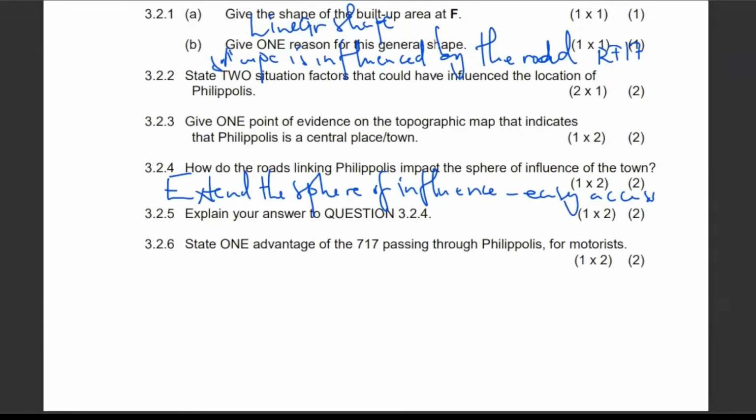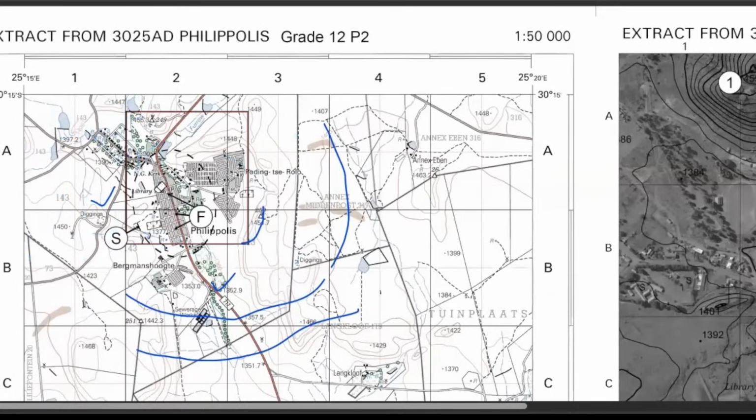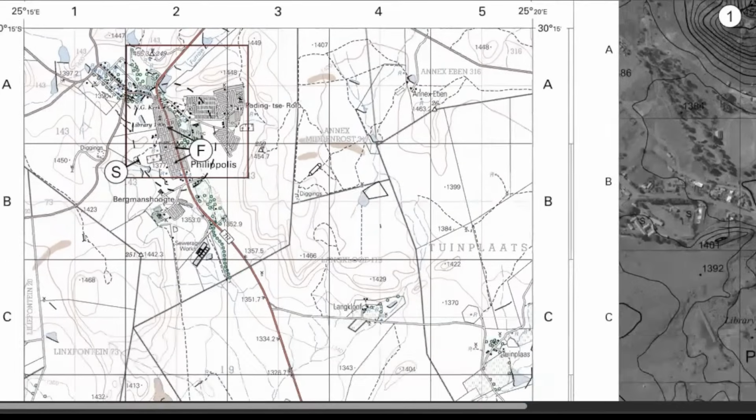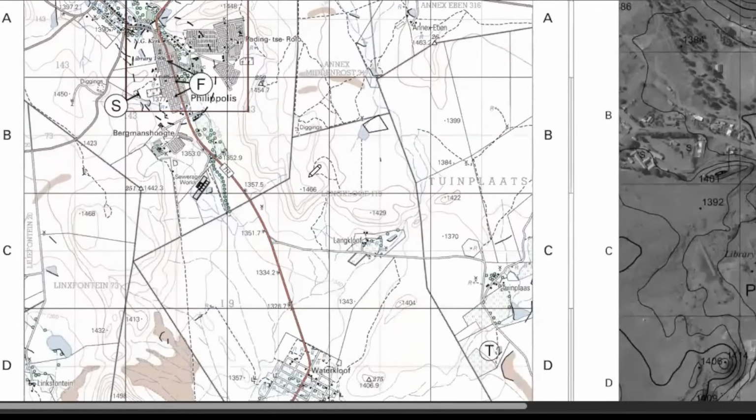If we check on our map, this whole thing that we are seeing here, right? If this road is linking into Philippolis, and also some other routes here are linking into Philippolis, it implies that people are now able to travel longer distances to access services and get goods in Philippolis.